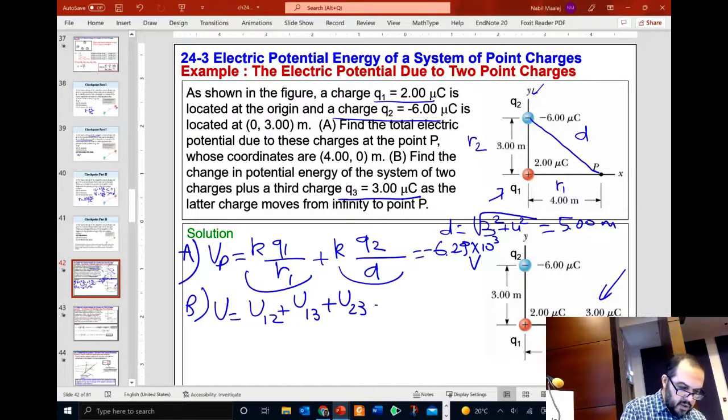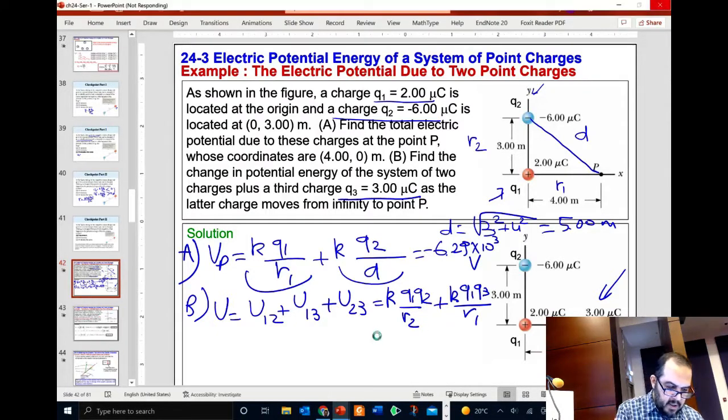Okay, so this is going to be K Q1 Q2 divided by the distance between them, and we called it R2. That's 3 meters. Plus 1 and 3, this is plus K Q1 Q3 divided by the distance between them, that's what we called R1, and it's 4 meters.